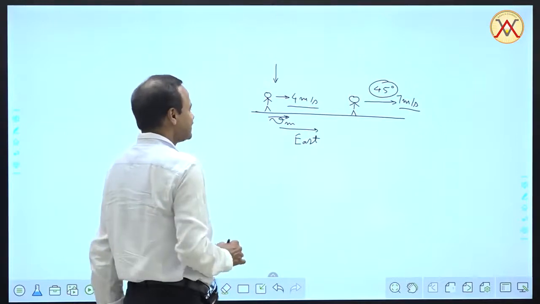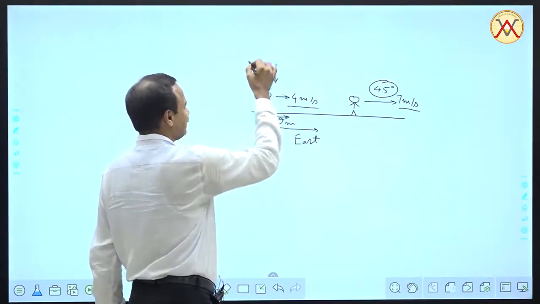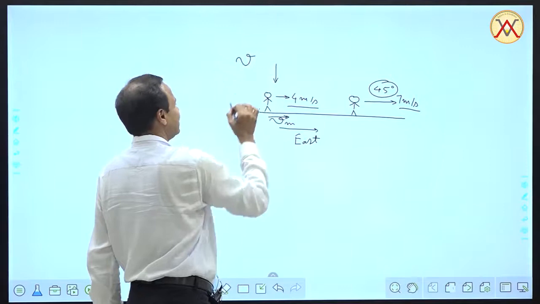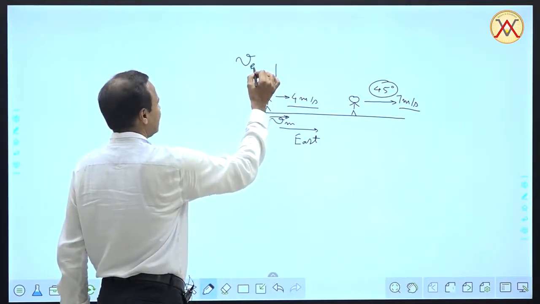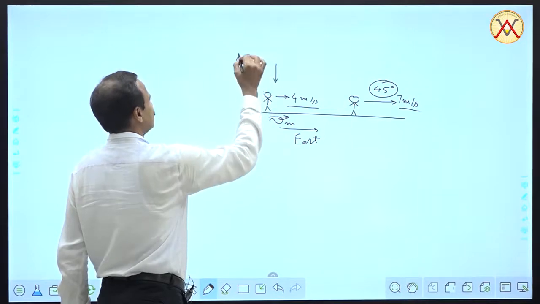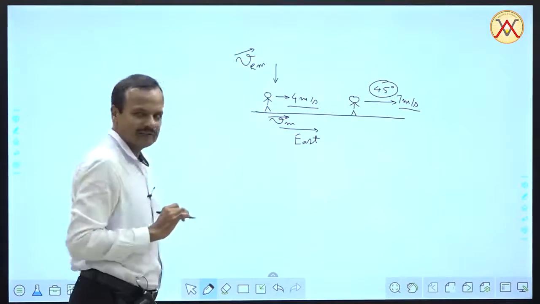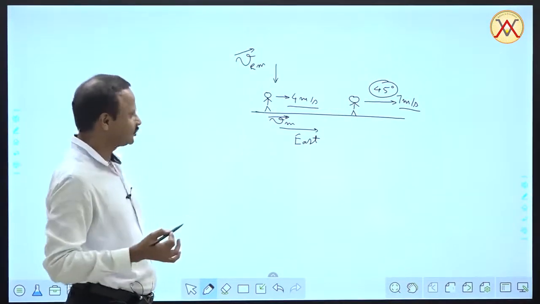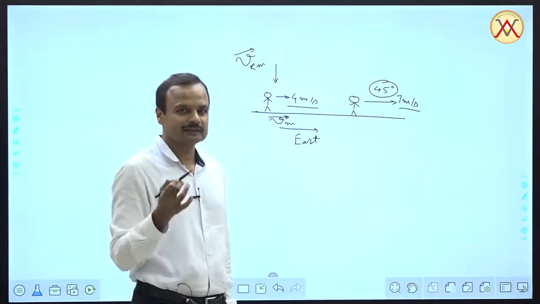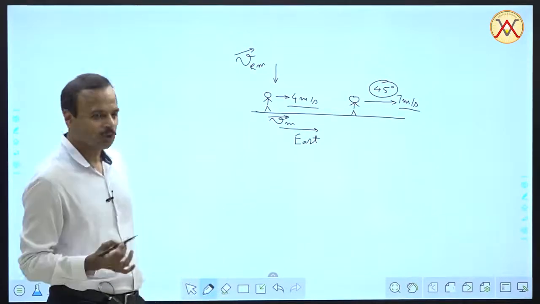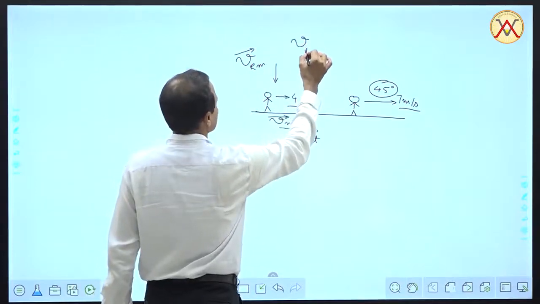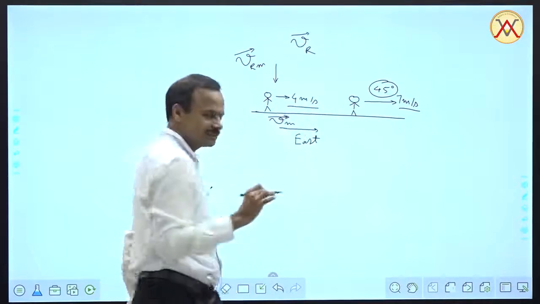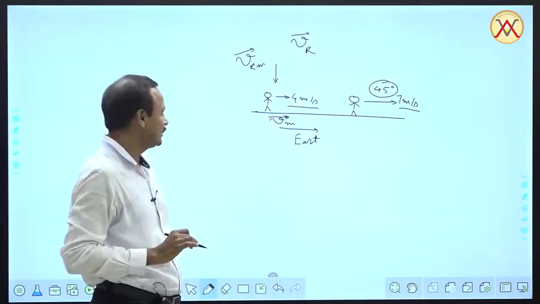Okay. Second is this vertical vector here. This will be called what? This will be called velocity of rain with respect to man, Vrm vector. And what is the third vector? Third vector is our unknown vector, and that is velocity of rain vector, or the velocity of rain in ground frame.